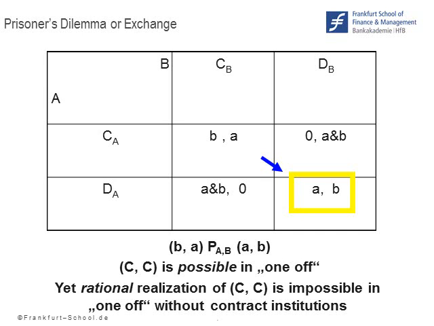However, this is the crucial thing, the rational realization of CC is impossible in one-off interactions without contract institutions, and that's the same thing as in the original ultimatum bargaining game. You really screen off anything of social relationships here, that's one-off and they don't meet any time and whatever.